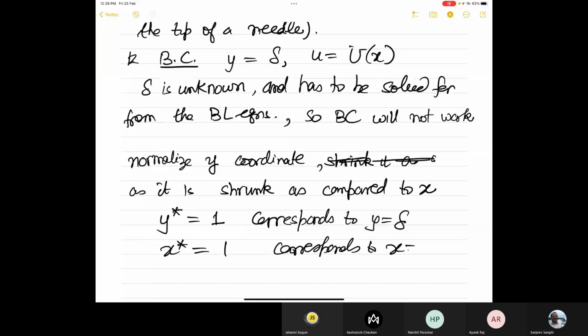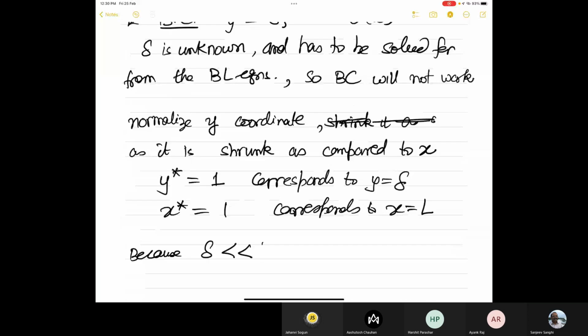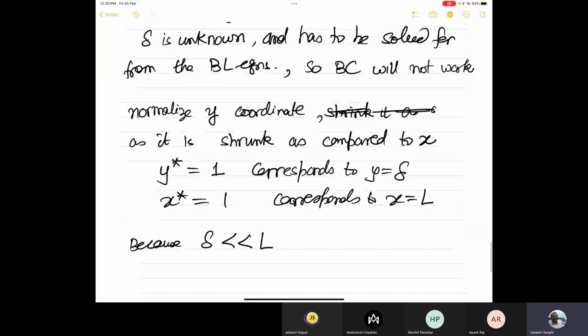But because delta is much smaller than L, we replace the delta in the boundary condition by y is equal to infinity. So the second boundary condition used is, as y tends to infinity, small u is equal to capital U of x.